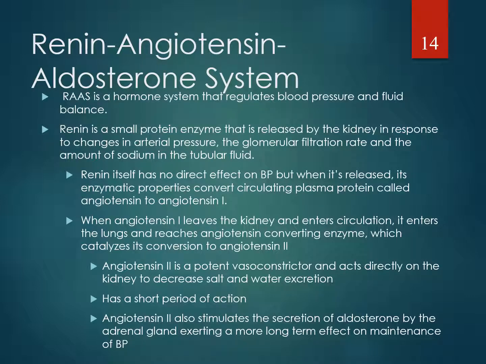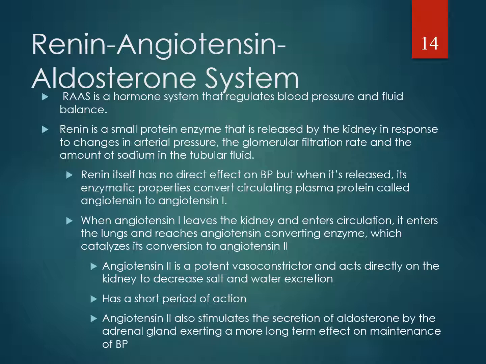So your renin-angiotensin-aldosterone system, otherwise known as RAAS, is a hormone system that regulates the blood pressure and fluid balance. Renin is a small protein enzyme, like I said, that is released by the kidney in response to changes in arterial pressure, the glomerular filtration rate, and the amount of sodium in the tubular fluid.